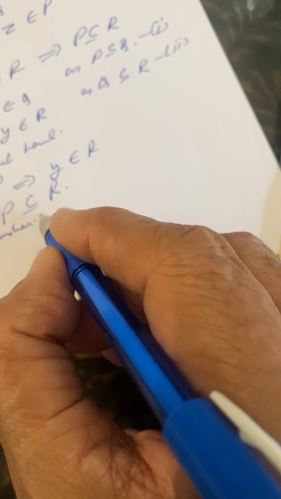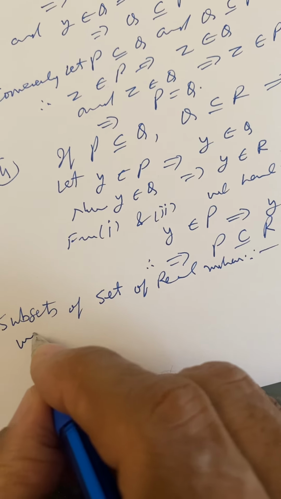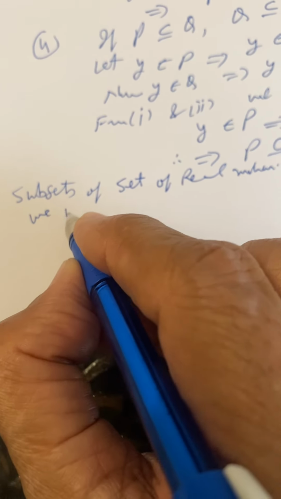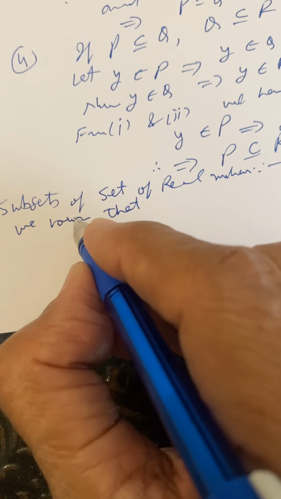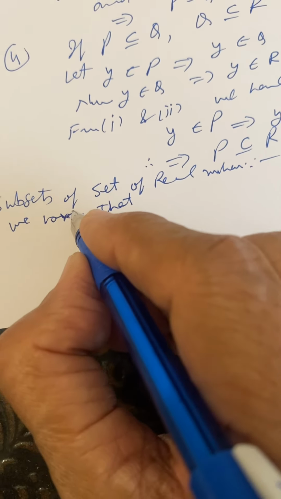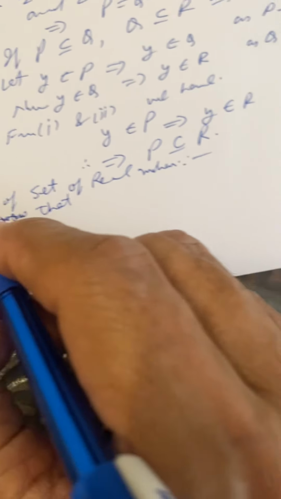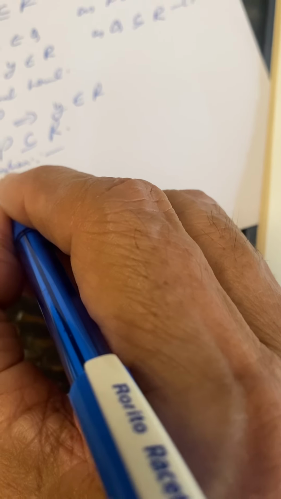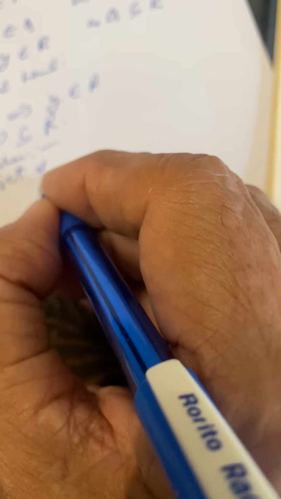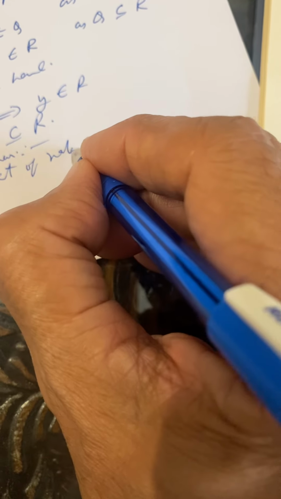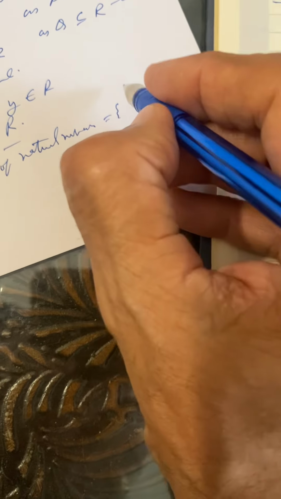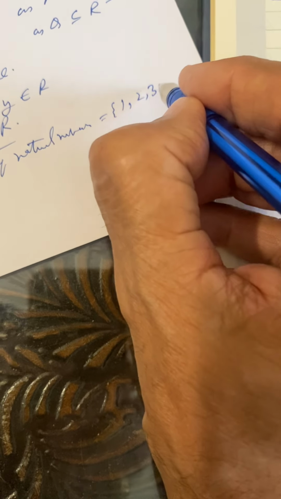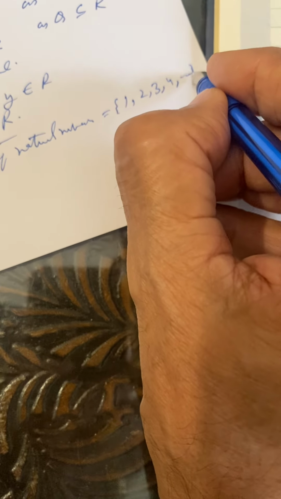We know that capital N is the set of natural numbers, which is 1, 2, 3, 4, and so on.